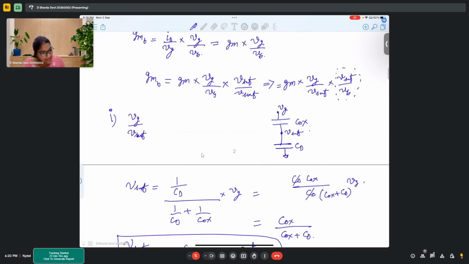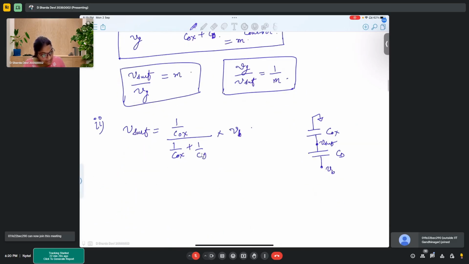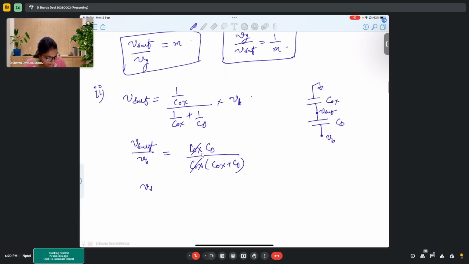So the expression was V surface upon VB only. To simplify, Cox Cd upon Cox plus Cd, these two cancel. So V surface upon VB turns out to be Cd upon Cox plus Cd.